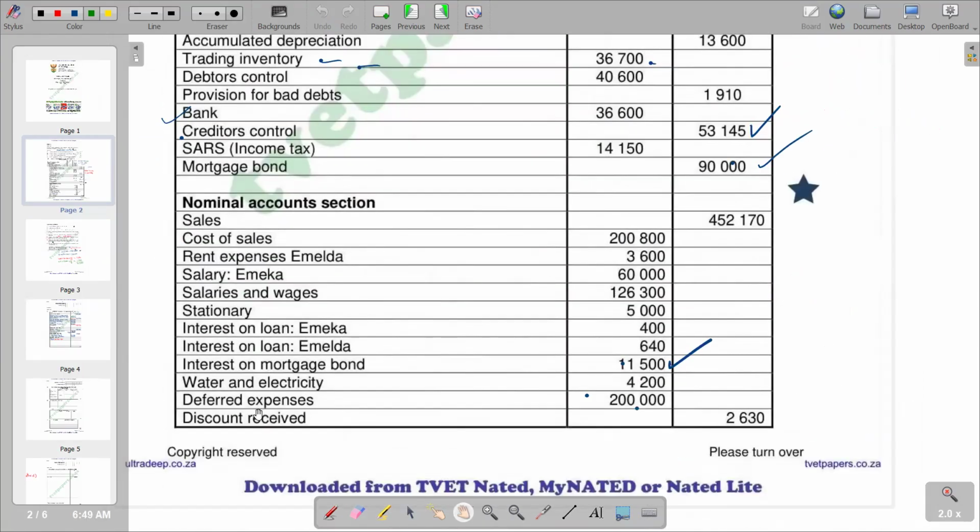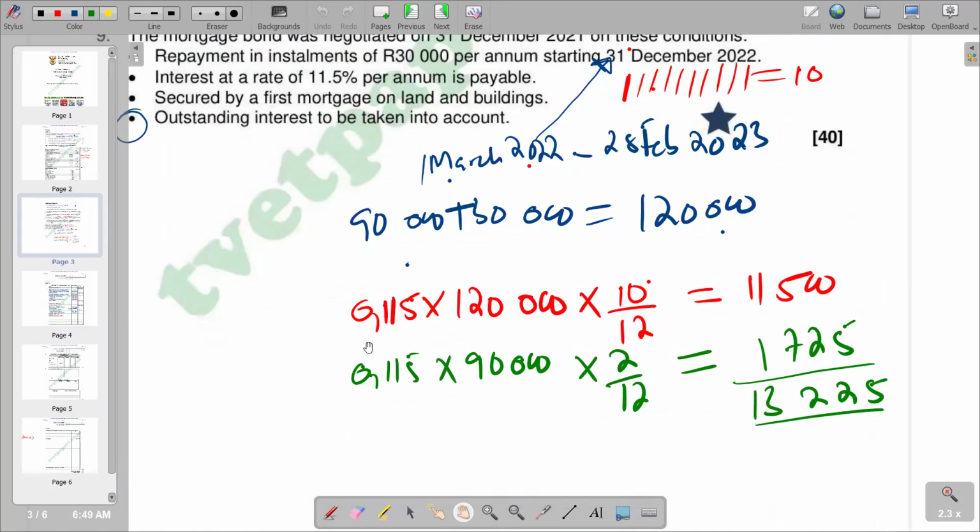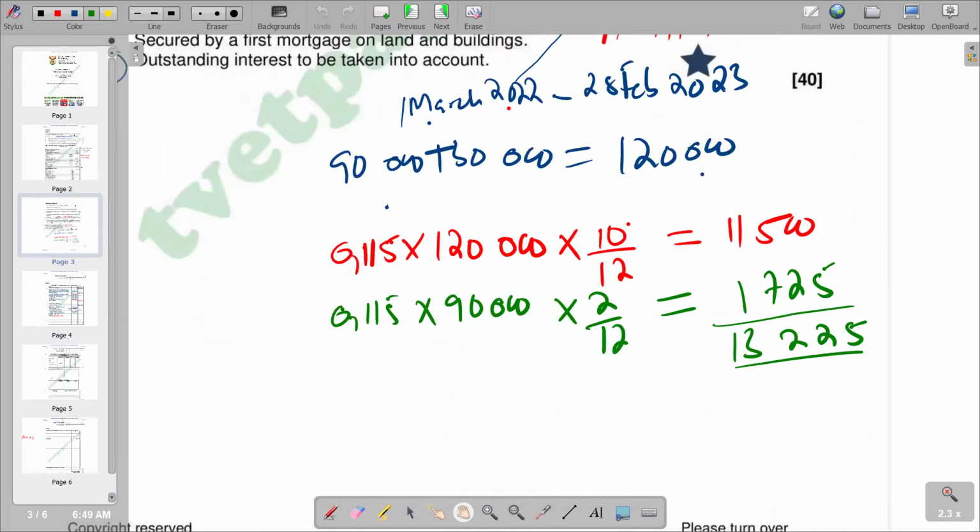Then you compare with what was actually paid for interest, which is 11,500. So if you come here, we've got 11,500. Comparing with this figure, we see that we paid less than what was supposed to be paid. So we've got an outstanding amount, which is going to be an accrual of an expense.